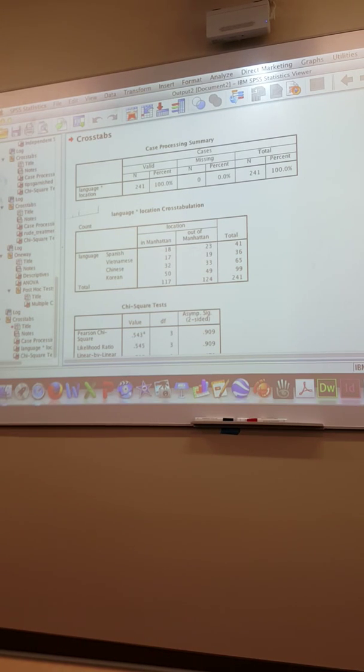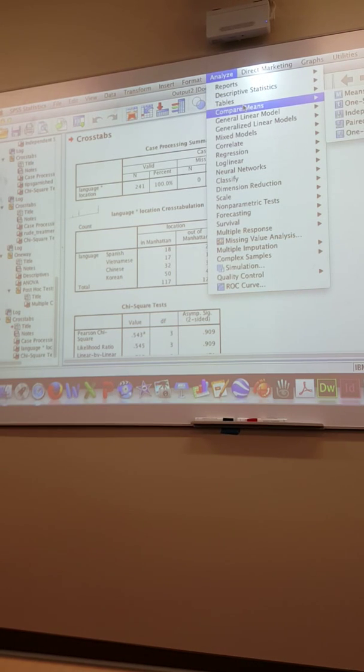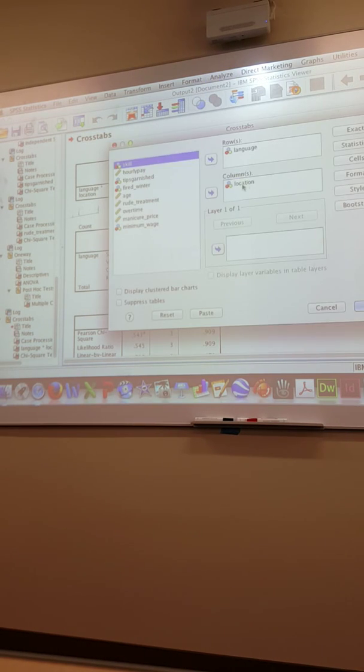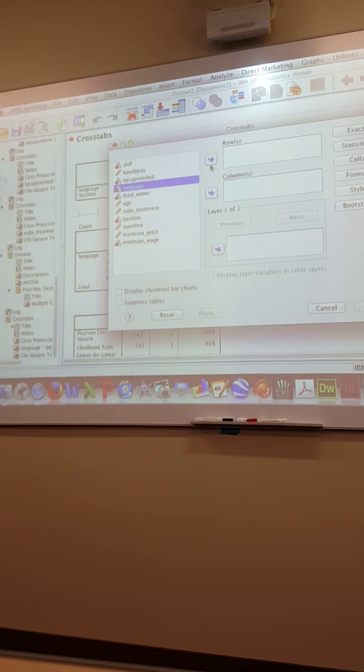All right, number 12. What are we doing in number 12? Homogeneity. All right, in number 12, what are the different samples or the different groups? The grouping variable is ethnicity, and the proportions or the categories are skill.